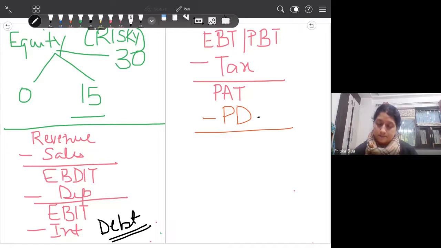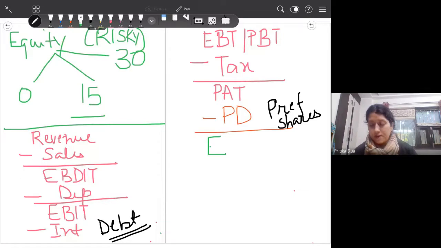So here, who has got the next claim? The preference shareholders. So preference shares are the next to be catered to. Now what remains is earnings available to equity shareholders.